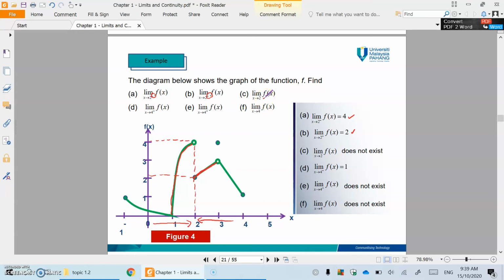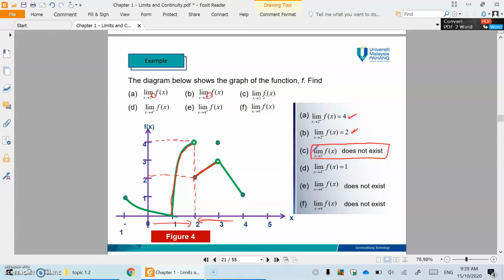We know that as x approaches 2 from the left it is equal to 4, and as x approaches 2 from the right it is equal to 2. So our left side limit and right side limit are not equal. Therefore, the limit of the function f(x) as x approaches 2 does not exist, because they are not equal.